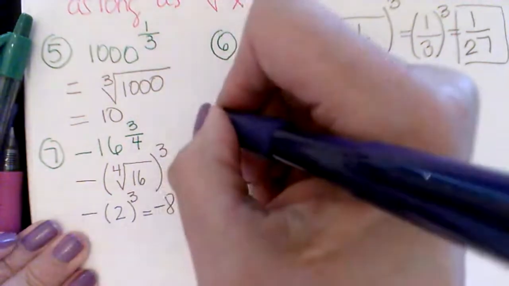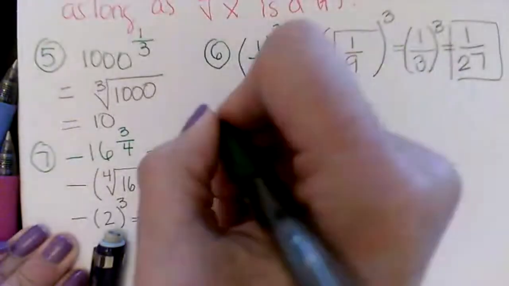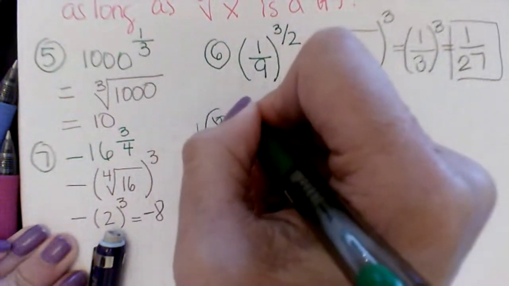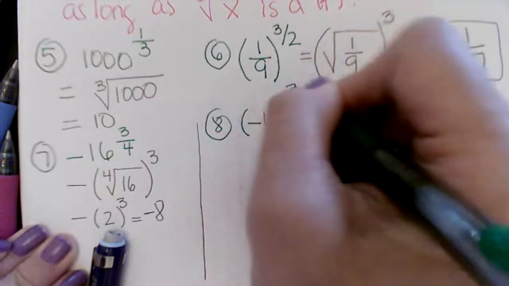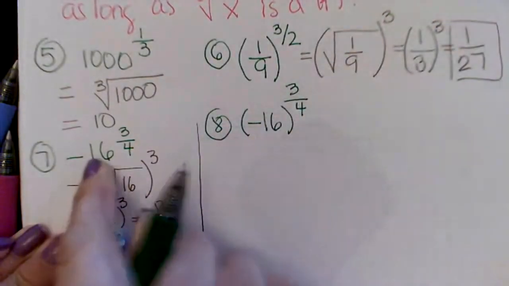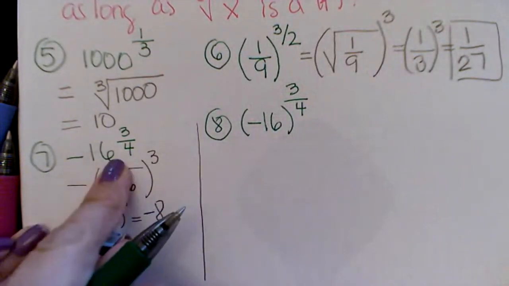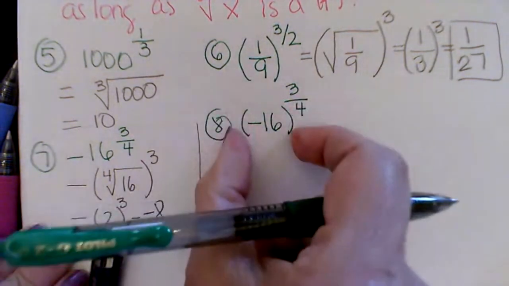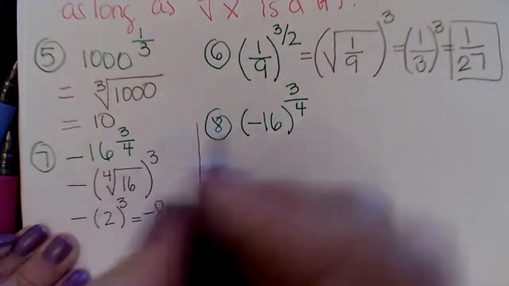All right, now let's do number 8. Number 8, we have -16 to the 3/4. Look at the difference between these two. This negative doesn't belong to 16, it's outside. Here it is inside because it has the parentheses. That's how you know. So then what do we have here?